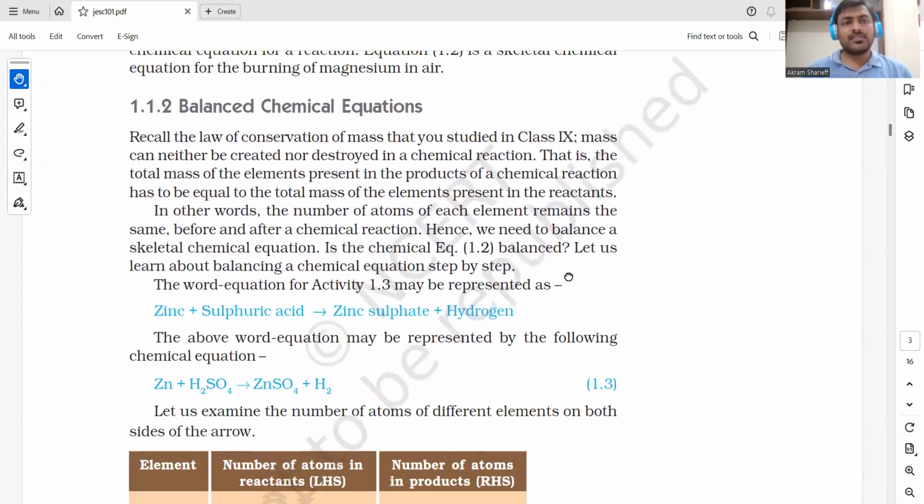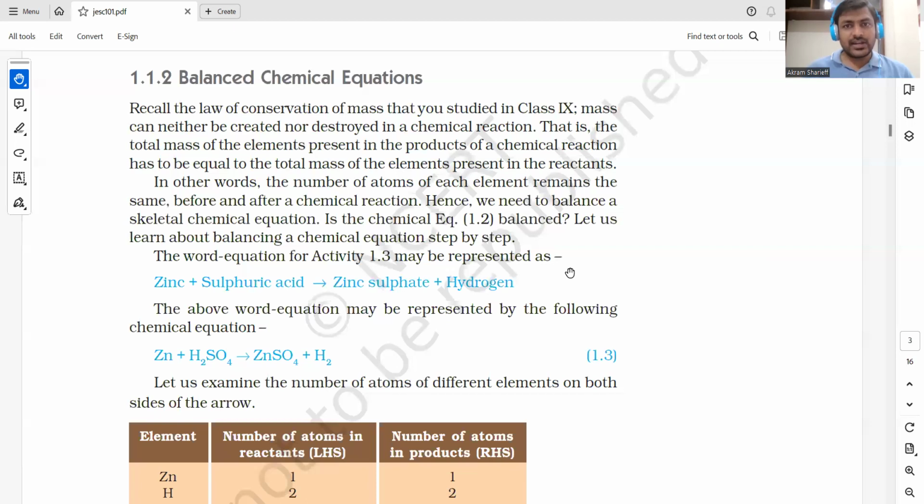So recall the law of conservation of mass that you studied in class 9. Mass can neither be created nor be destroyed in a chemical reaction. That is, the total mass of the elements present in the products of a chemical reaction has to be equal to the total mass of the elements present in the reactants. So mass should not be changed. If I am taking 1 kg of magnesium and 1 kg of oxygen, then I should get 2 kg of magnesium oxide.